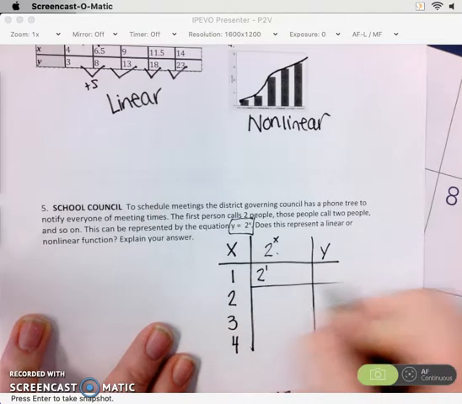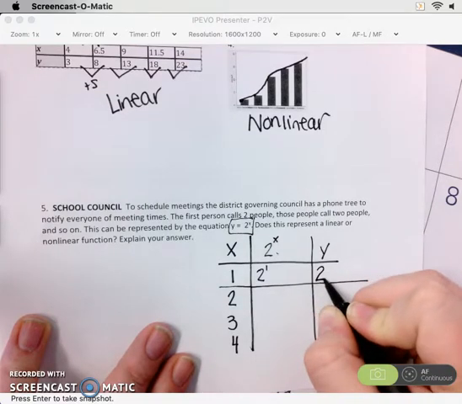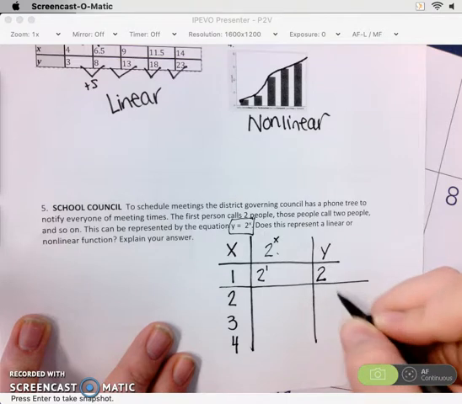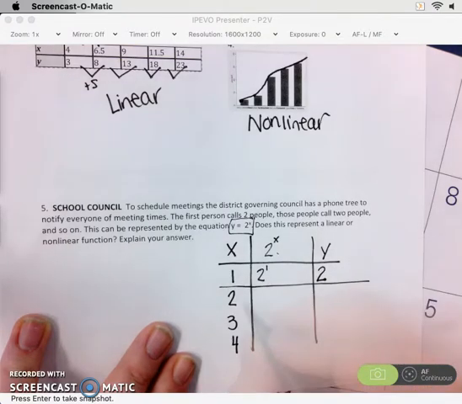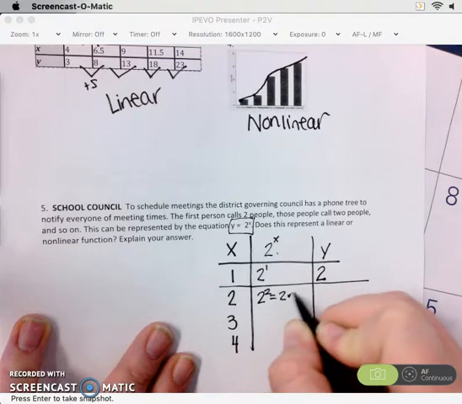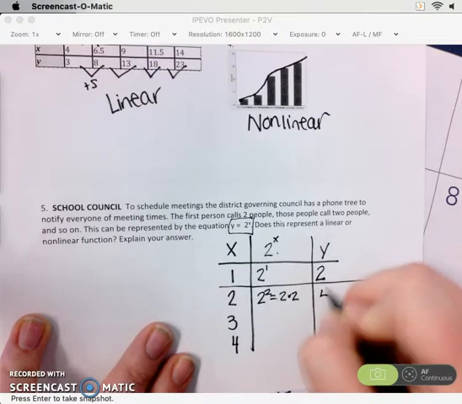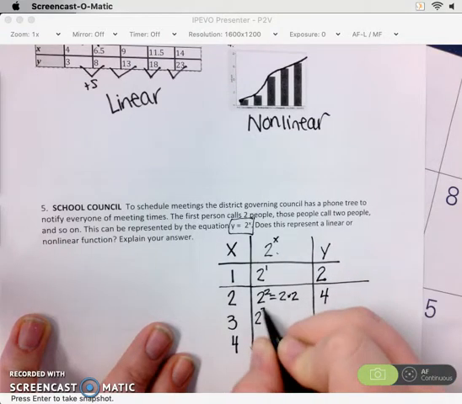So what's 2 to the first power? Anything to the first power is itself. So 2. 2 to the second power would be 2 times 2, which is 4.